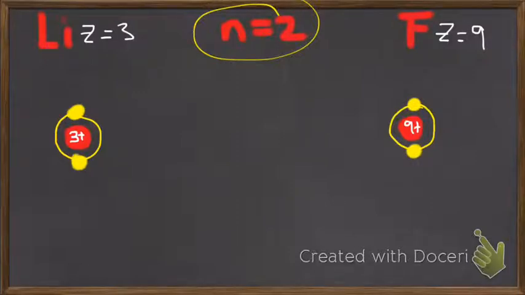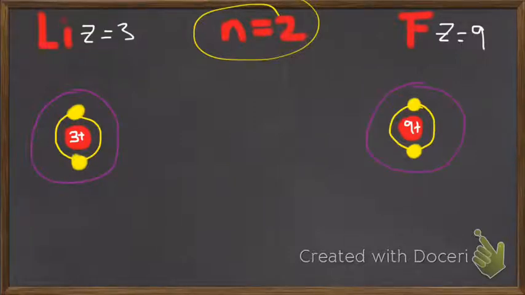Then we have the N equals 2 energy level, and it's roughly the same distance for both.